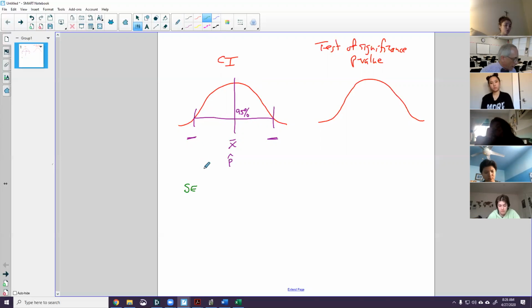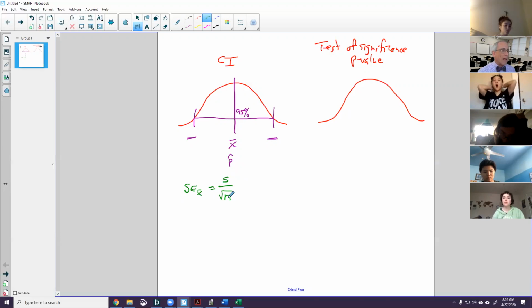To find the standard error for a mean, that is a quantitative variable, it equals the standard deviation that I got from my sample, s, divided by the square root of the sample size. You need to know what these symbols are: s is the standard deviation of my sample, and n is the number of data items that I have.